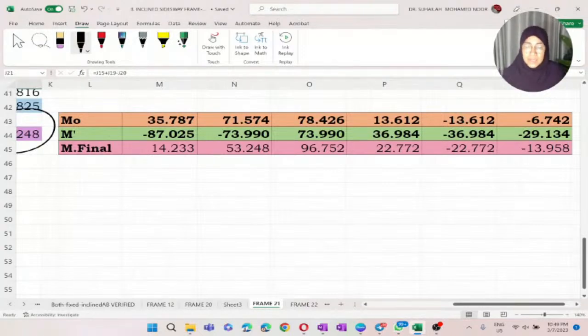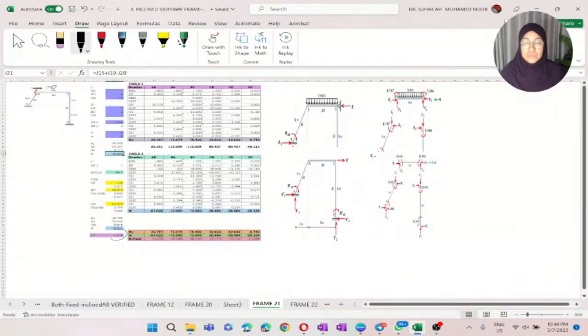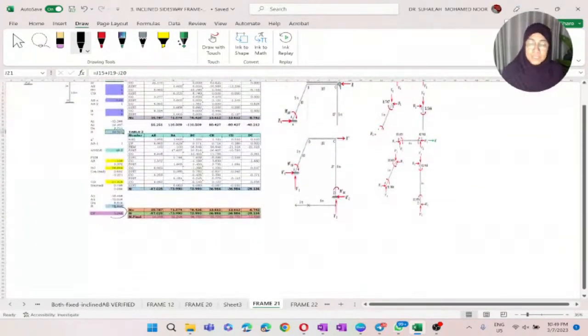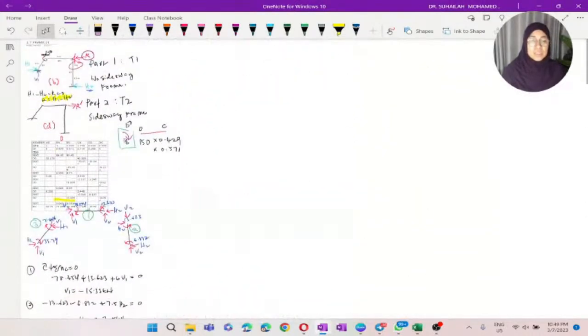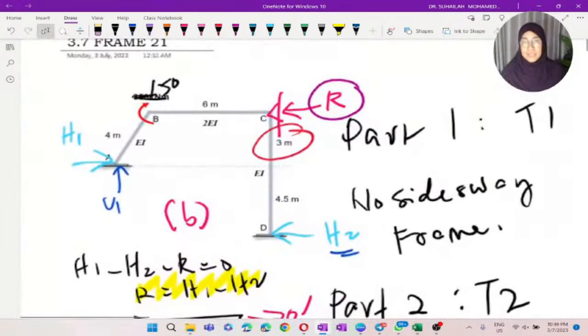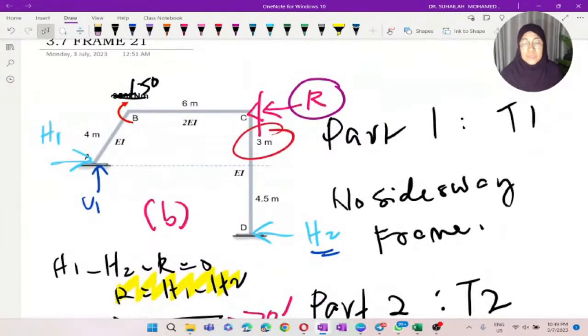So that's all about the sidesway frame analysis. This is an example where we analyze a frame subjected to joint moment at B. There is no FEM, but the external loading given is joint moment, so we distribute joint moment for table number 1, and for table number 2 we calculate as usual from the geometry of the frame.